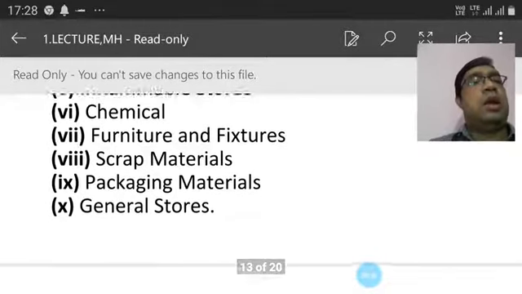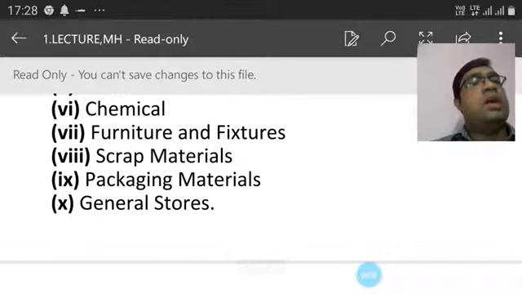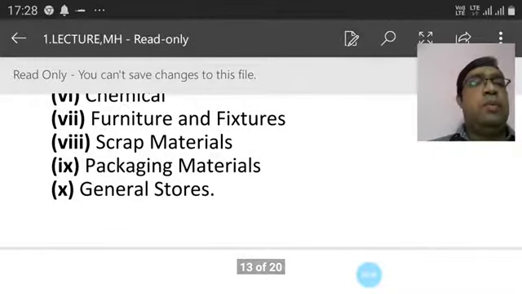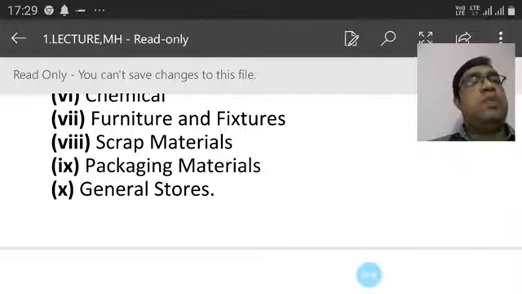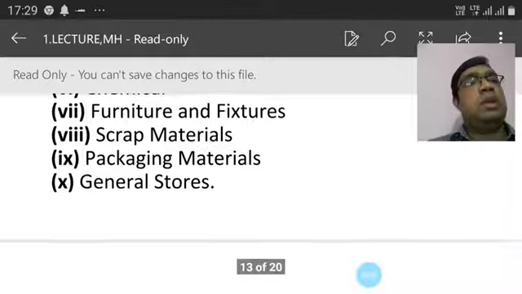For this, chemical handling must be done with proper safety precautions. And furniture and fixture will require some packing procedure, and these materials are transferred from one place to another place, and extra care will be required.